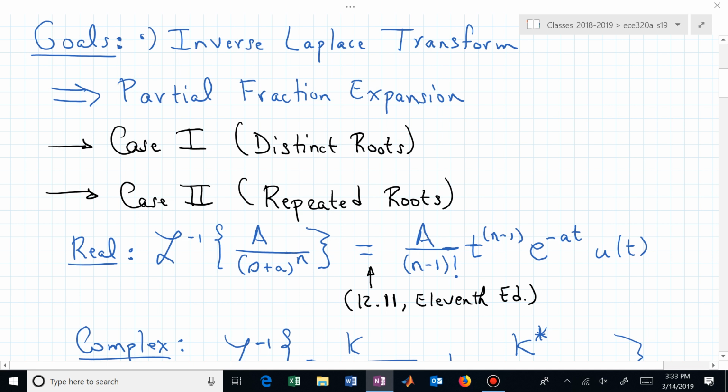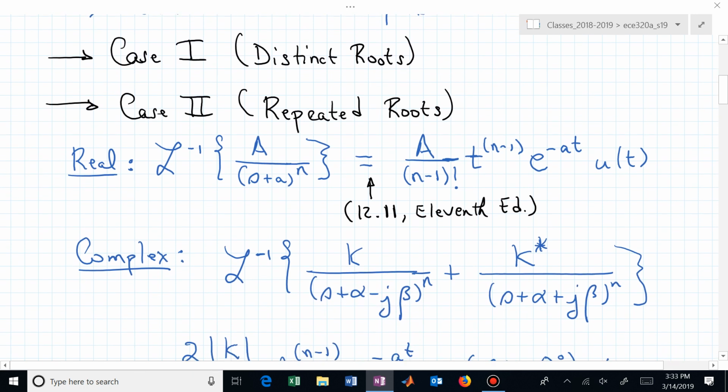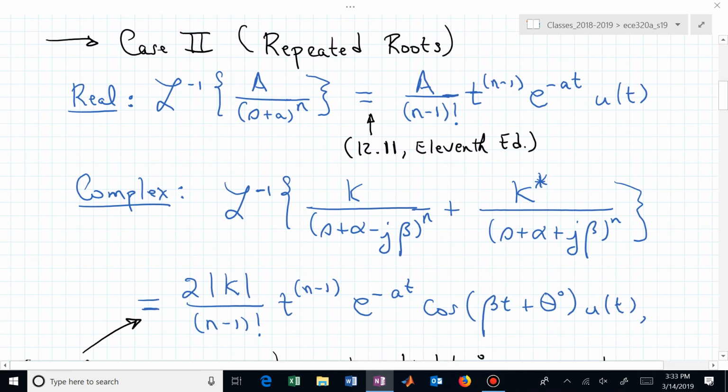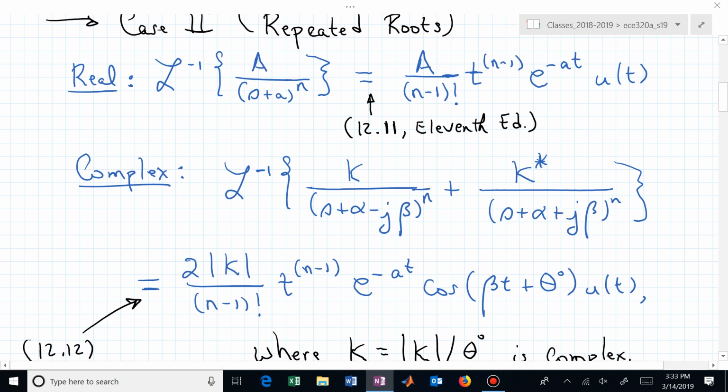When you have repeated roots, here are 2 formulas or expressions that you'll want to be very comfortable with. If it doesn't look clean, you need to make sure it looks clean or you understand how to apply it before exam number 2.